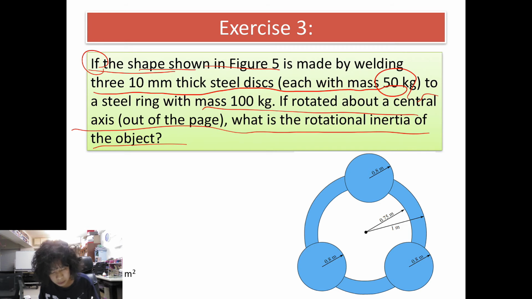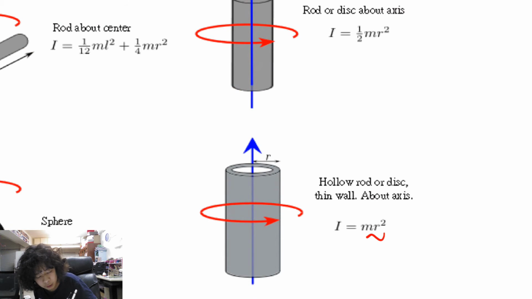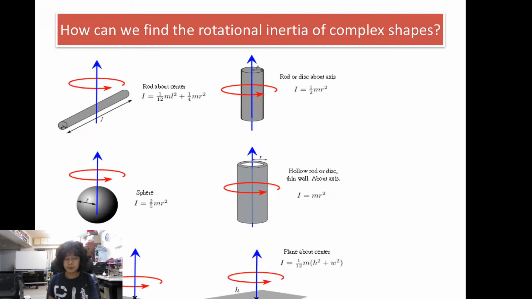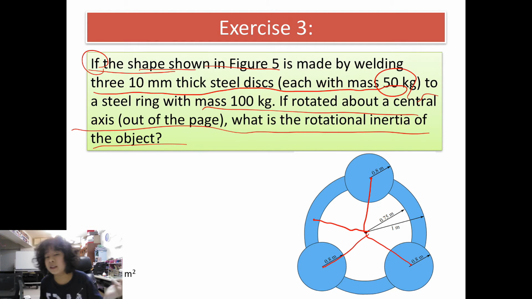If you just add the mass together, you will find right here a cylinder is mr squared over 2. It will be very happy, right? Okay. And they have the same distance, from here to here, here to here. They're all the same distance, right? Yes.